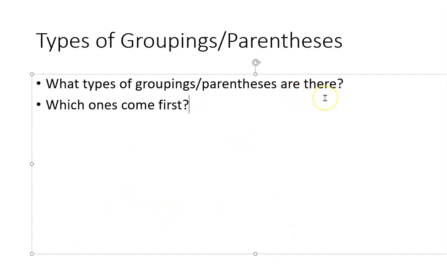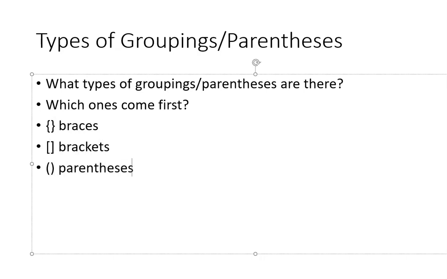Okay? There are several types of groupings. The first ones we have are called braces. Then we have brackets. Then we have parentheses. They all mean the same thing. So instead of saying parentheses, I usually will say groupings. They're called grouping symbols.